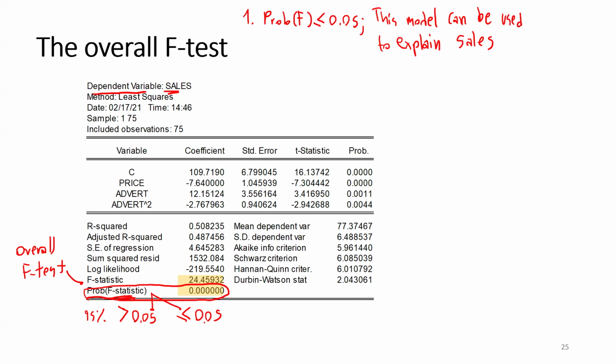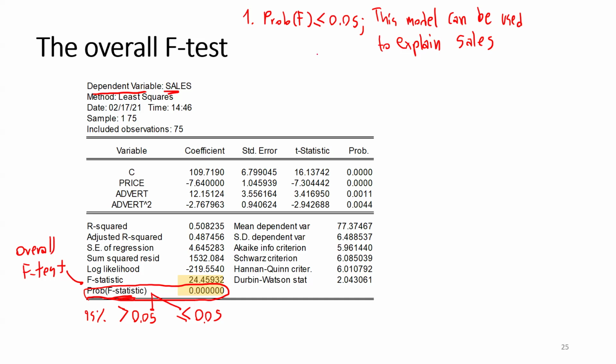Vice versa, if it is greater than 0.05, it means this model is invalid. You can throw this model, boom, into the bin.